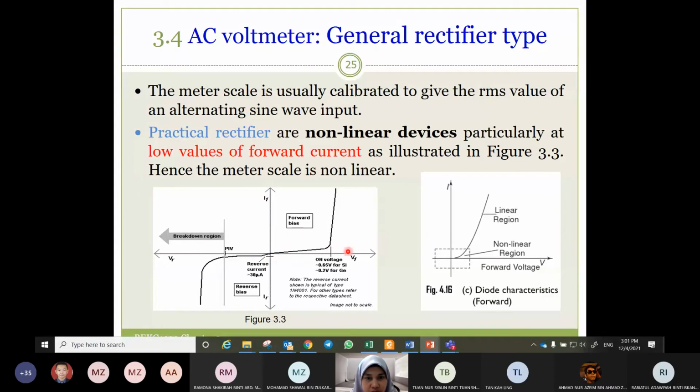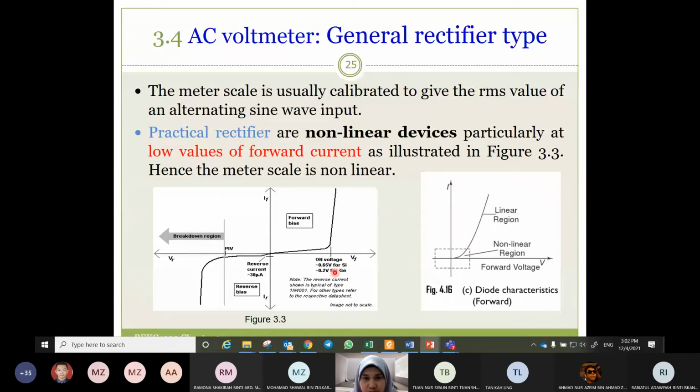This is forward voltage. This is reverse voltage. At low values of forward current, meaning that at this low value, this part, or this part, it is non-linear region.